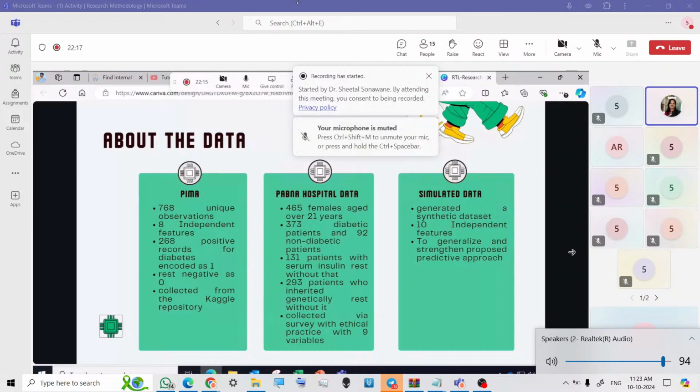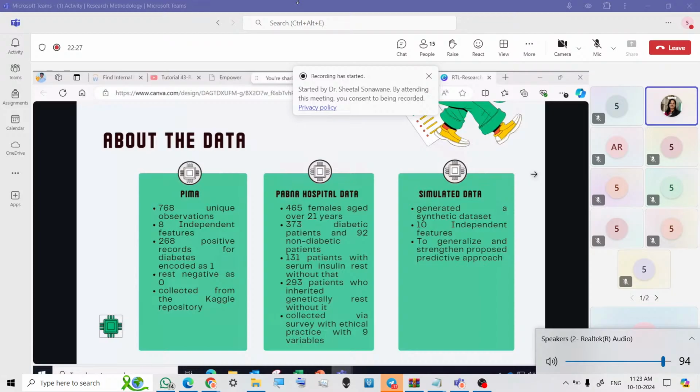Yeah, let me explain for the students as well. This is a good case study to understand the data collection method as well as the design point of view. The researcher has taken primary data collection as well as secondary data collection. The one constructed by taking people's opinion, their own experience or their own data is primary data collection, while the secondary one is data already published by other researchers, so that is the Kaggle repository.